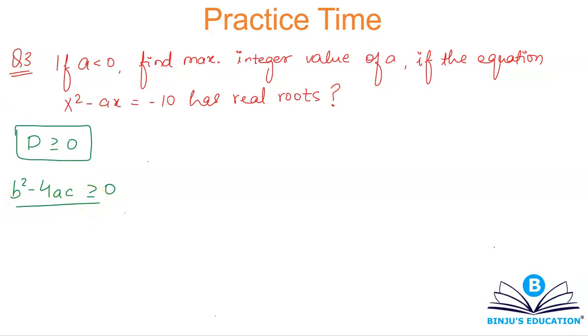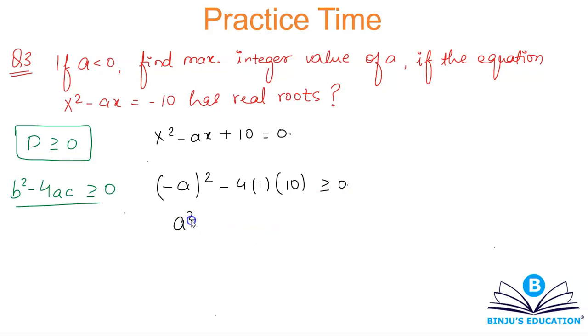Now you can rewrite your equation as x square minus ax plus 10 is equal to 0. So you can say that minus a whole square minus 4 into 1 into 10 is greater than or equal to 0.